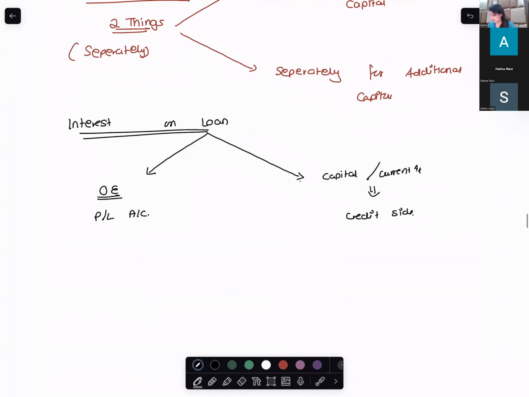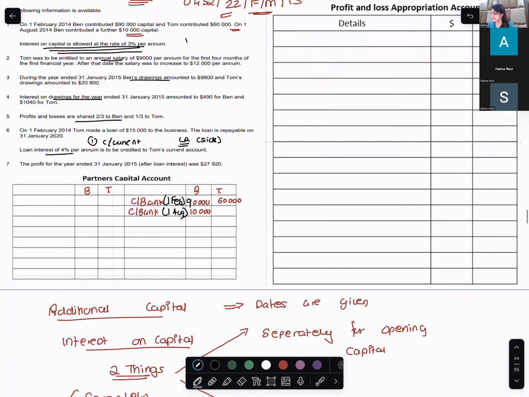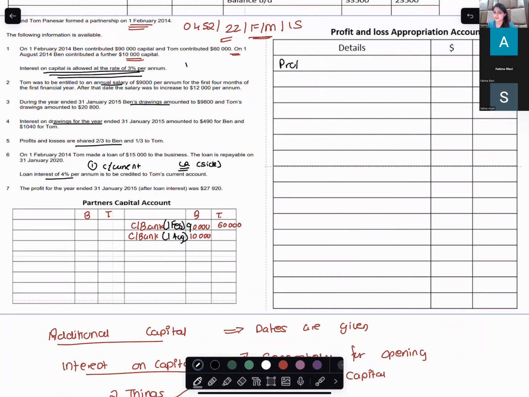You should always remember that in your appropriation account, the profit for the year should always be after interest on loan.